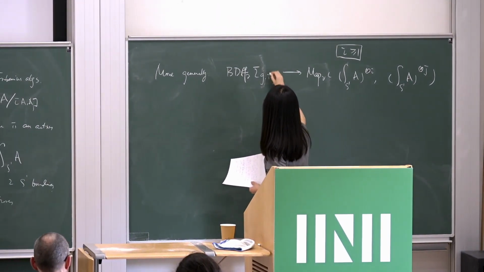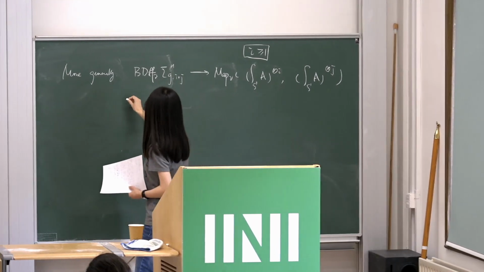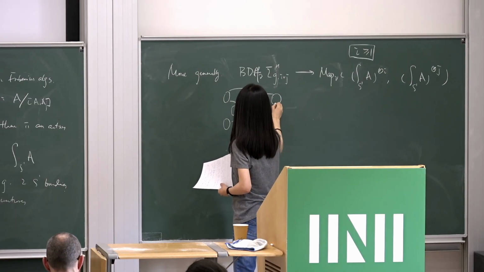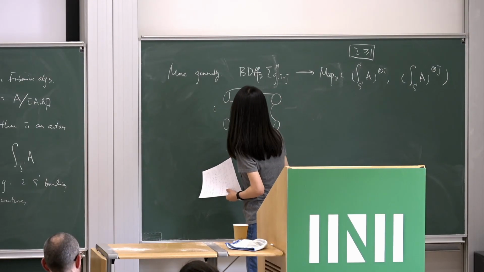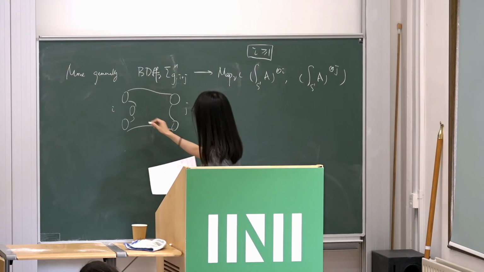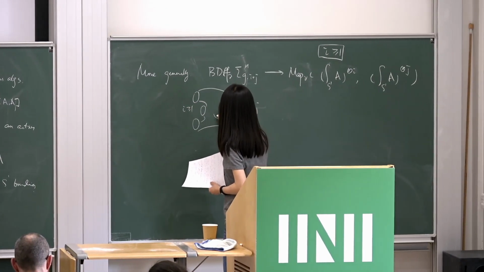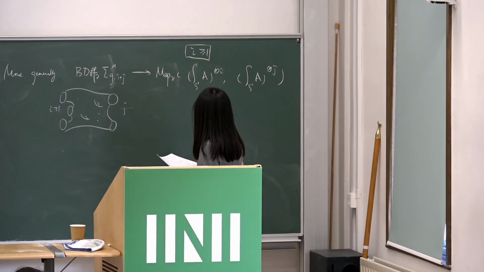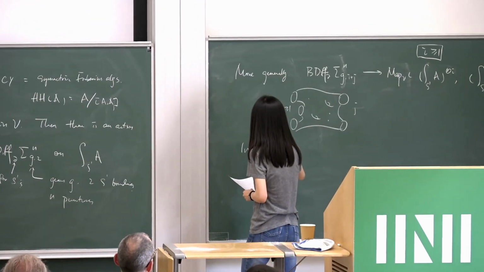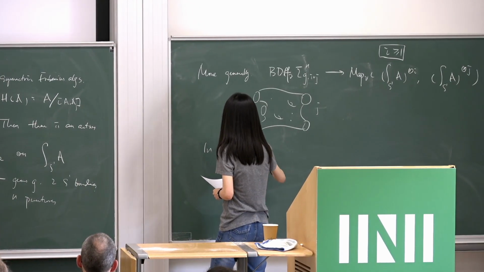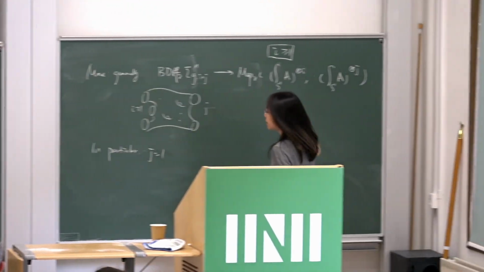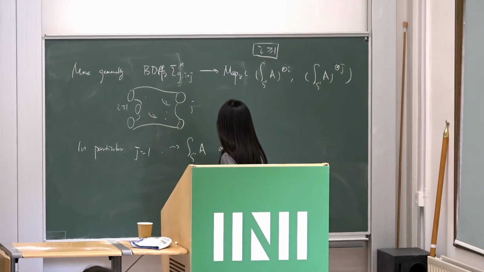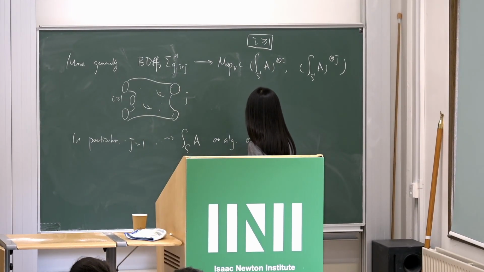So I have I plus J circle boundaries and a bunch of punctures. This will be the moduli space with I incoming and J outgoing circles, where I is at least 1, and some genus, some punctures. And in particular, if we just fix J equal to 1, this tells you that the THH of A is really an algebra over the surface operad.